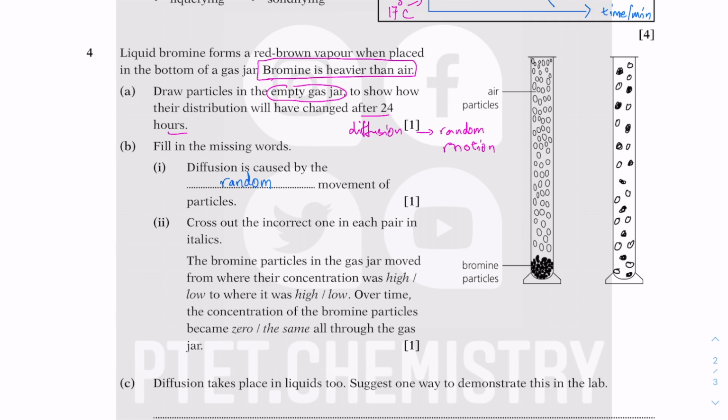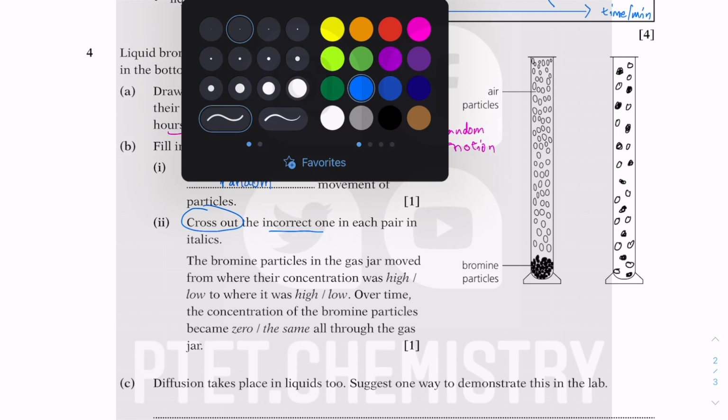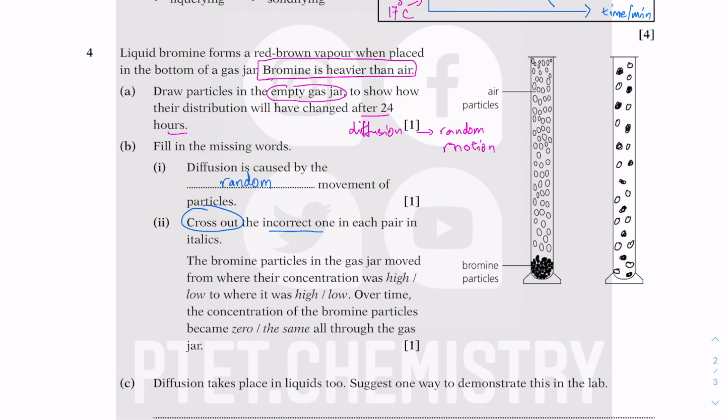Okay, so do a random motion. Cross out, cross out. So this is the instruction. Incorrect one, cross out. So the bromine particles in the gas jar moved from where their concentration was high to low. So I cross out the incorrect one, high to low. Follow instruction: read, circle, underline, whatever, read the instructions. Yeah, from high concentration to low concentration, it gets spread out.